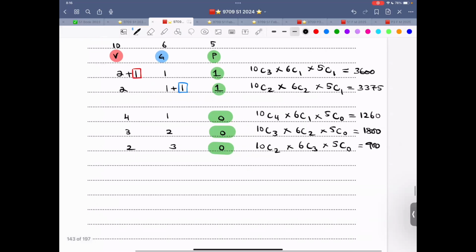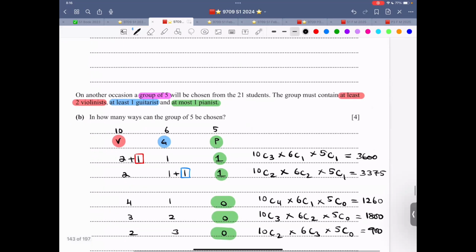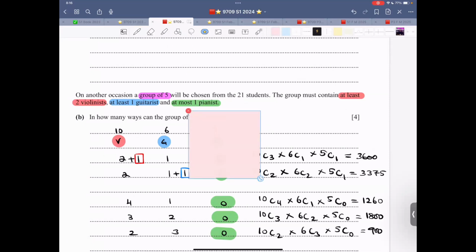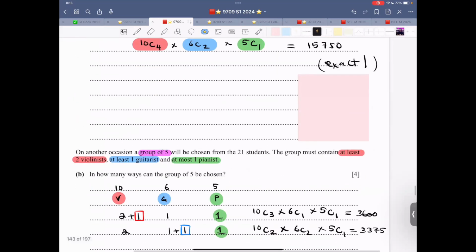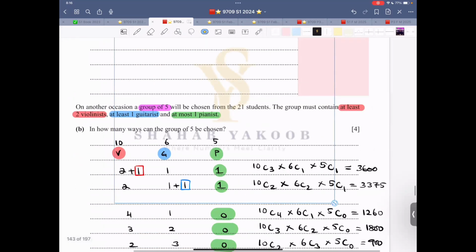I think these are all the options that are possible. So therefore, the total number of ways is adding all of these: 10935. That is again exact. Leave the answer in this. So therefore, this thing is all done, all clear. And let me write something over here.